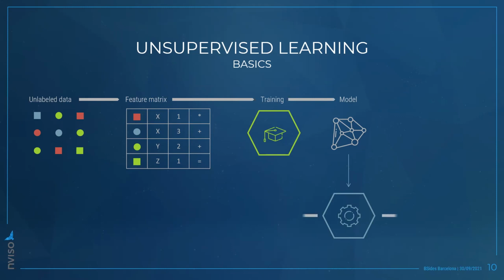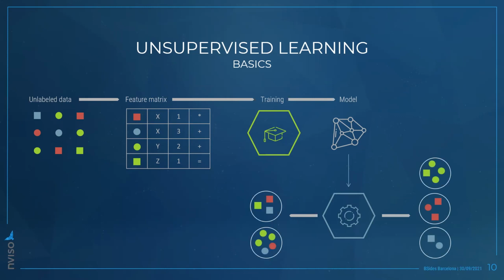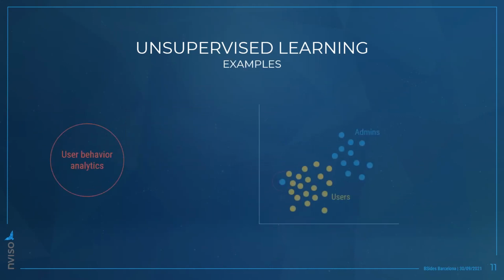Taking the example here, what we could end up with is, for example, on the left, 2 clusters based on the shape, and on the right, 3 clusters based on the color. So this is why we still need some brain to see what we get as a result.